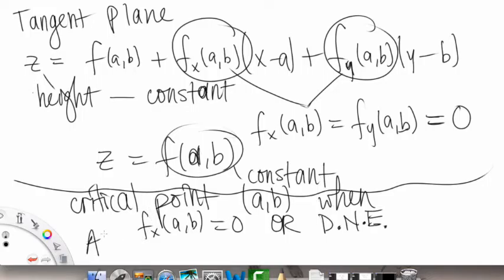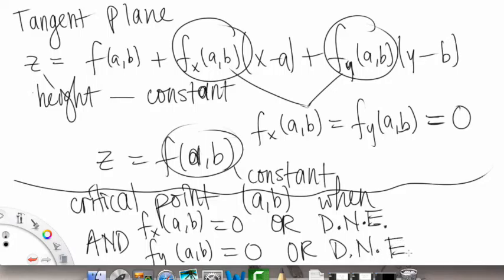And at the same time, f sub y at (a,b) also has to either equal 0 or not exist. Both can equal 0, both can not exist, or one equals 0 and one doesn't exist. They both have to be one of these options. One of them can't just be the number 2 or something.